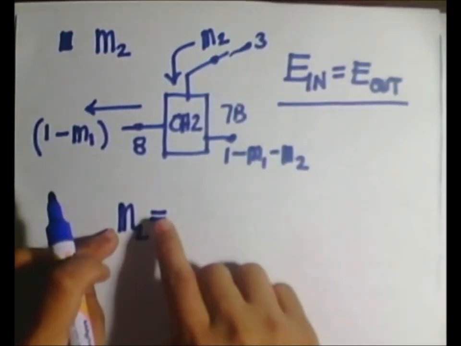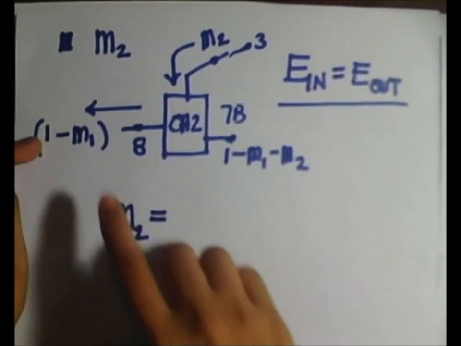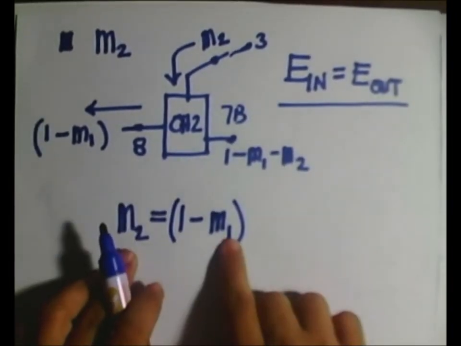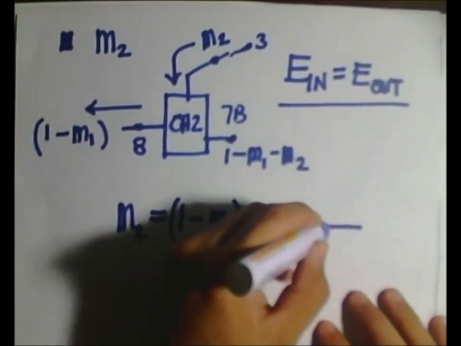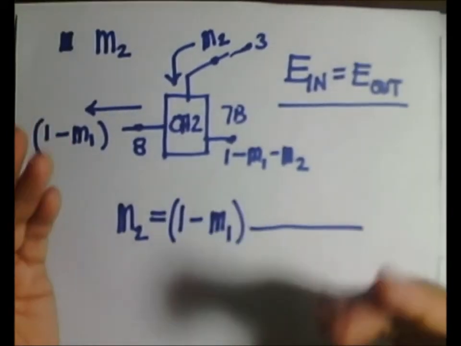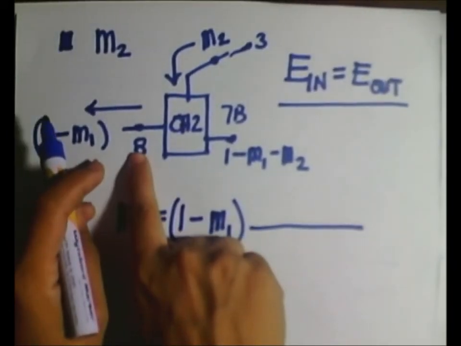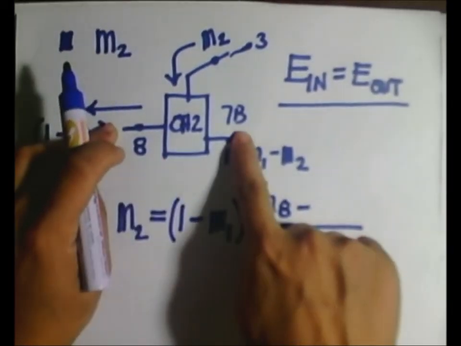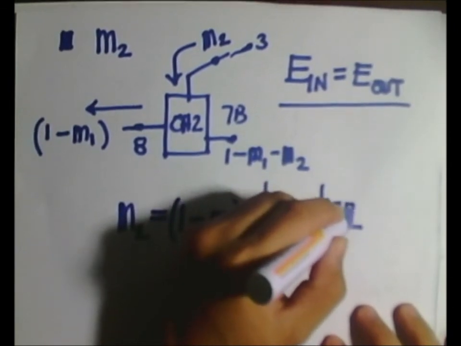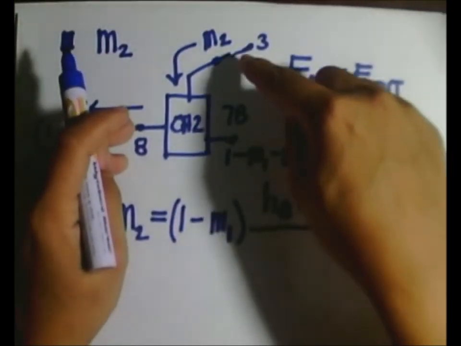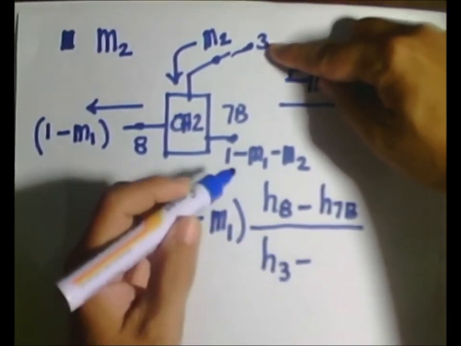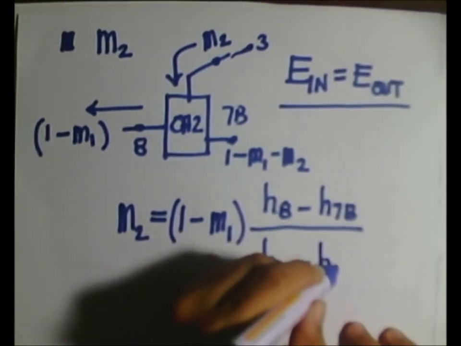Call it M2 is equal to what enters here, 1 minus M1, which we know because we have calculated M1, times what is being absorbed, H8 minus H7B, divided by what is available. In this case, that is H3 minus H7B.